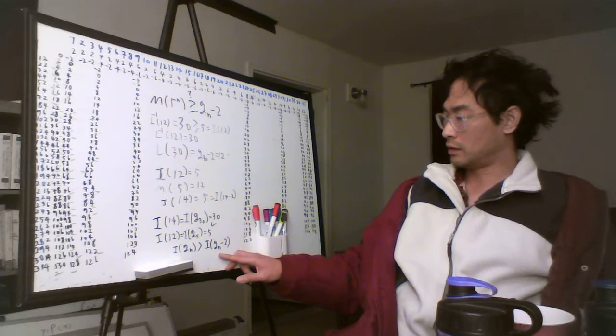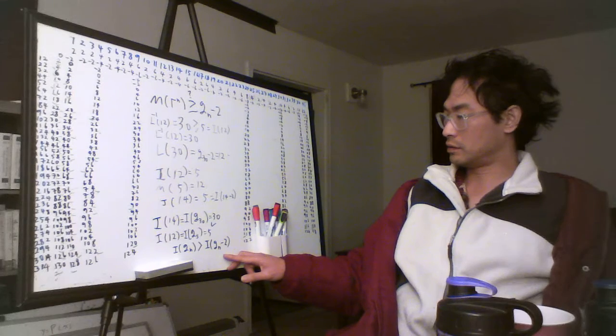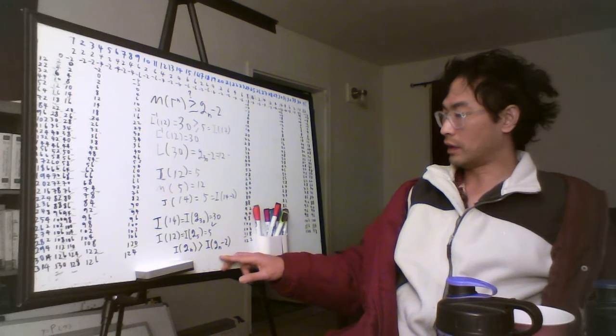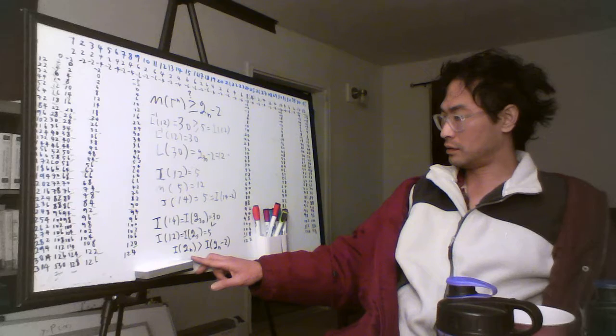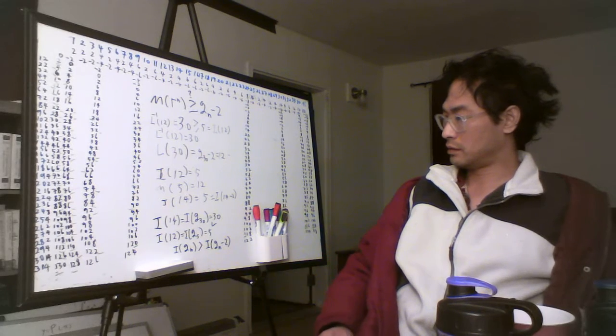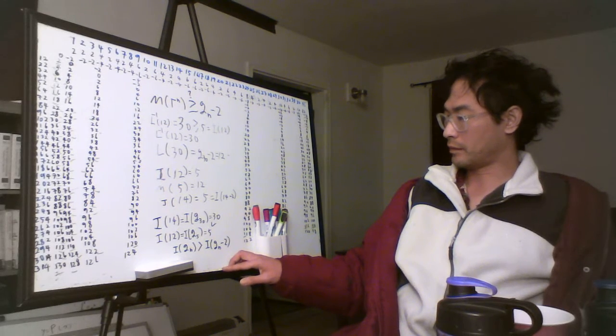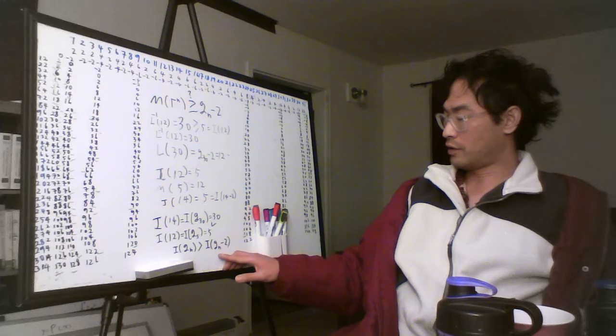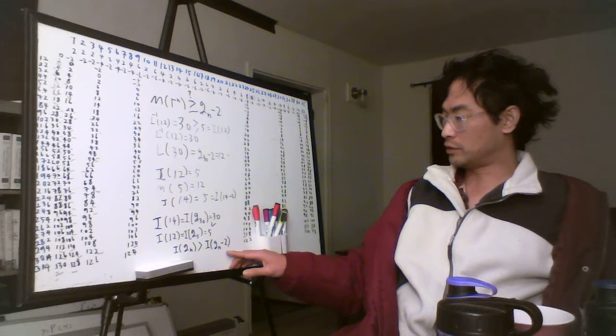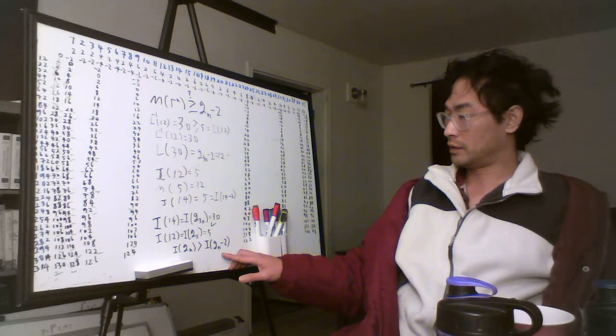And 14 minus 2 is 12. G30 is 14, so 14 minus 2 is 12.